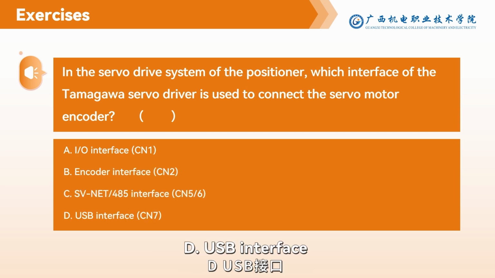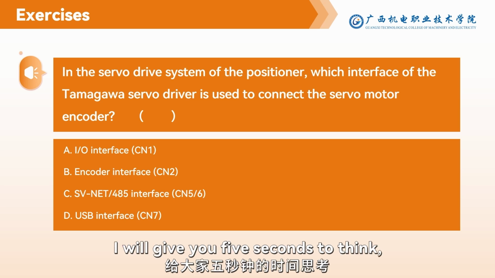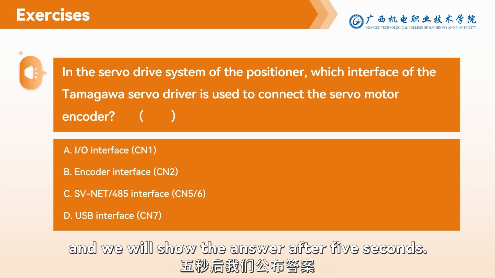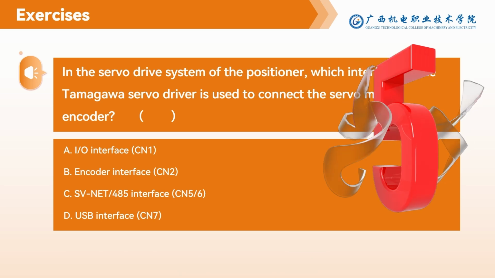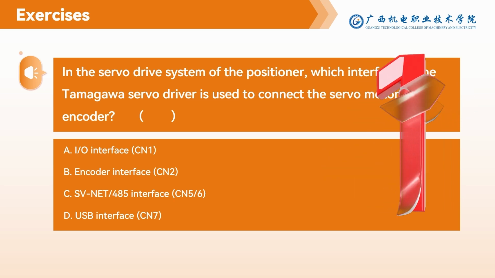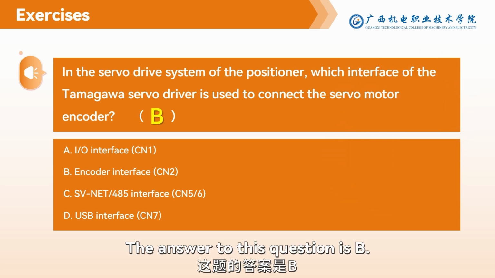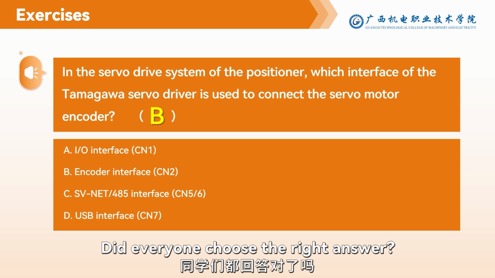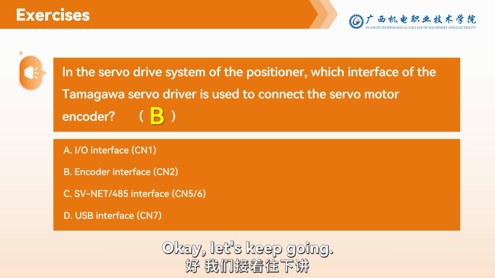D. USB interface. I will give you 5 seconds to think and will show the answer after 5 seconds. The answer to this question is B. Did everyone choose the right answer? Okay, let's keep going.